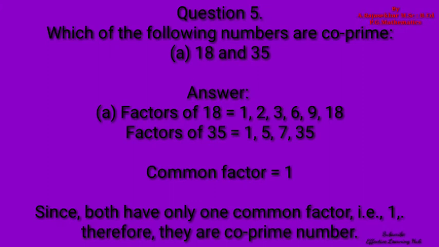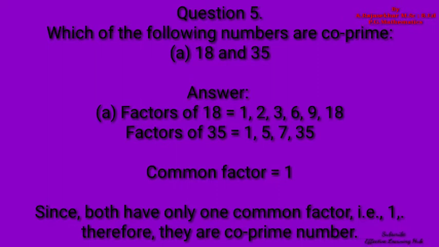Question 5. Which of the following numbers are co-prime? Co-prime means the common factor is 1. Factors of 18 are 1, 2, 3, 6, 9 and 18. Next, factors of 35 are 1, 5, 7, 35.